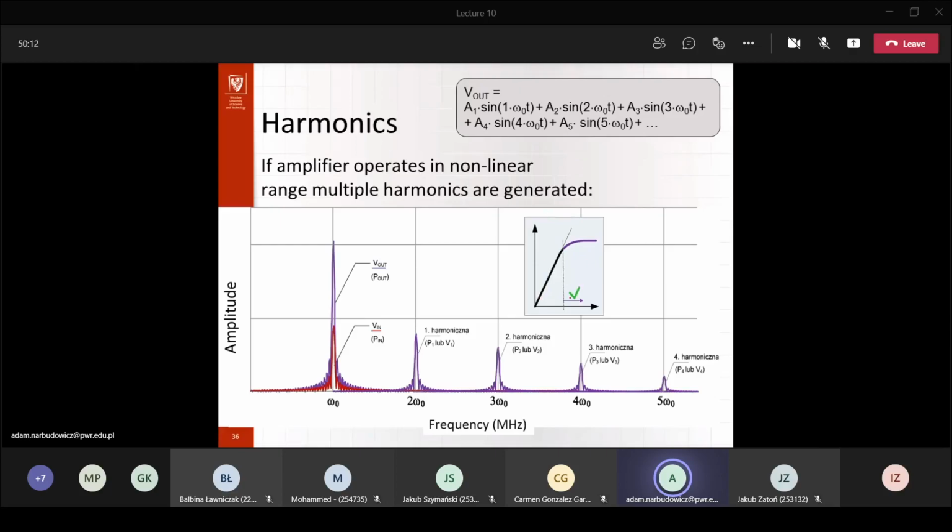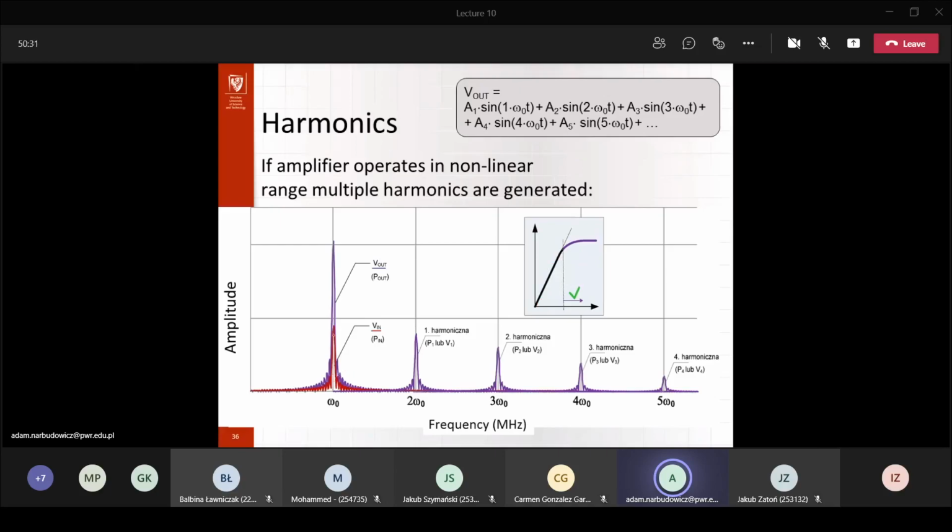So this is again the characteristic of your amplifier. This is input power, output power. The black curve here is the linear range, where it really just amplifies the signal that we are interested in. Over here is the nonlinear range.